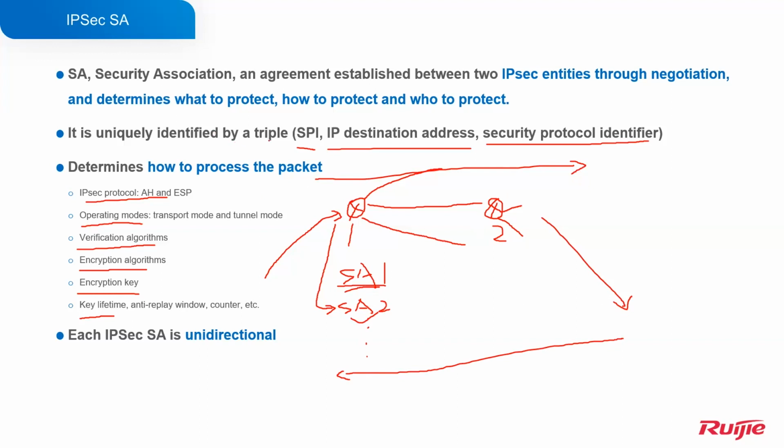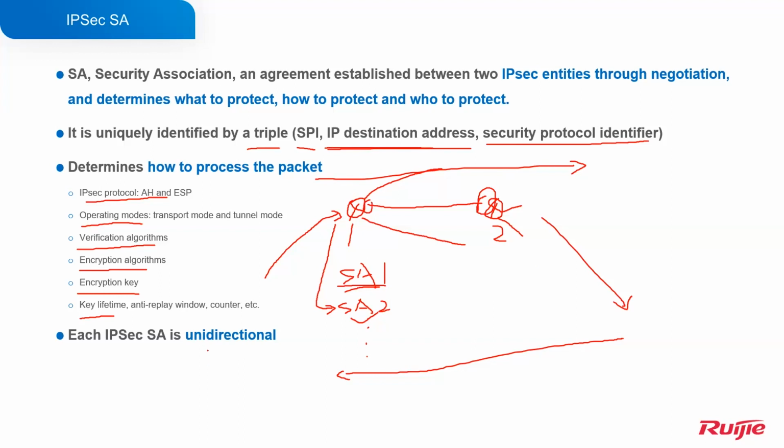Because for one SA, we will find it is identified by a triple. The index number: one SA will have a unique index number. And another is the IP destination address, because from left to right, the destination IP address is this interface, but from right to left, the destination IP address is router 1's interface.